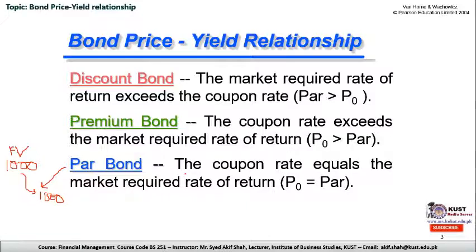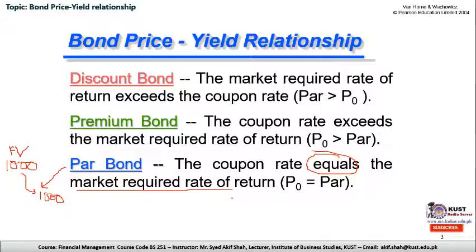The second definition for par bond is that the coupon rate, which is the stated interest rate mentioned on this security, equals the market required rate of return. Then we can say that this bond is selling at par value.